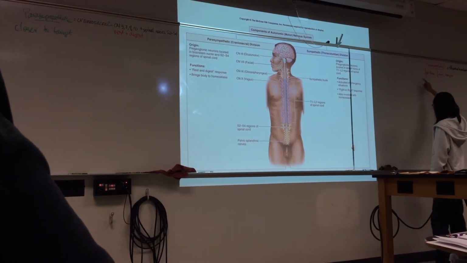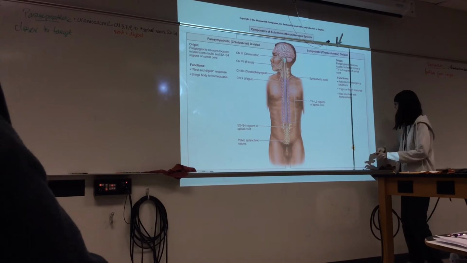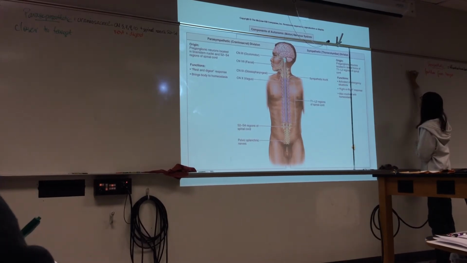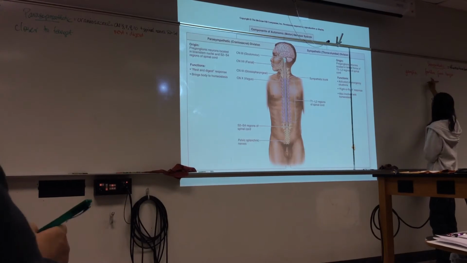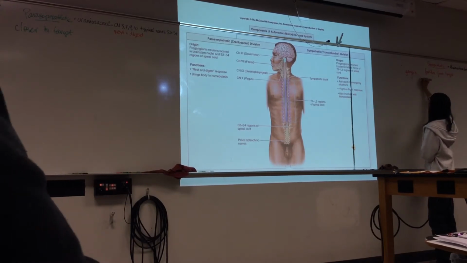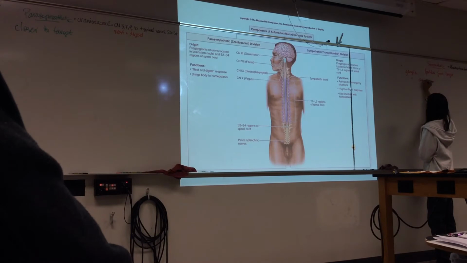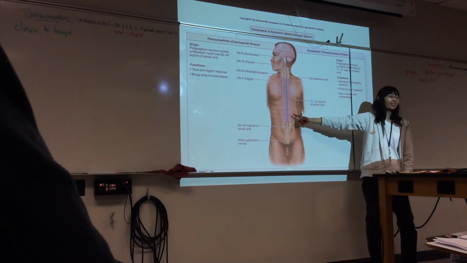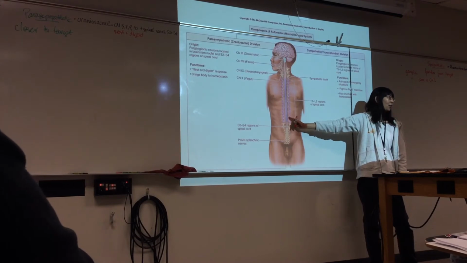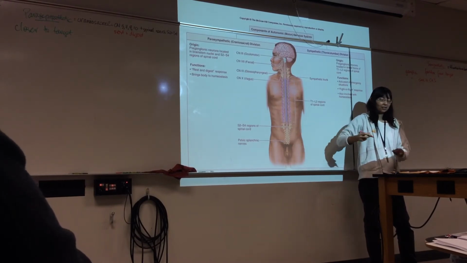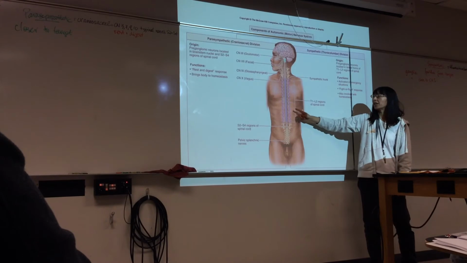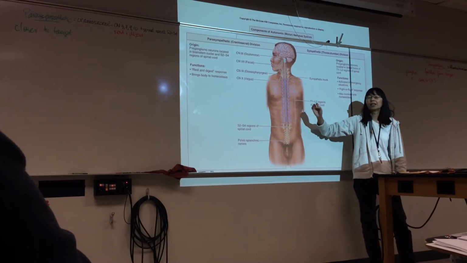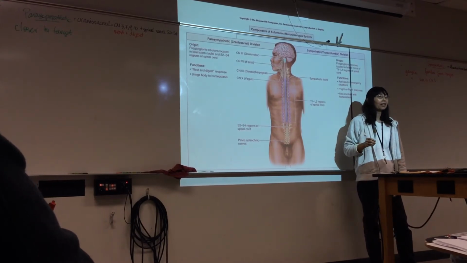And so the ganglion farther away from the target, because the ganglia close to the CNS. Are we close to the CNS here? Yeah, we're just right outside the spinal cord. Does that make sense? So that means what? The pre-ganglionic neuron, is it long or short?